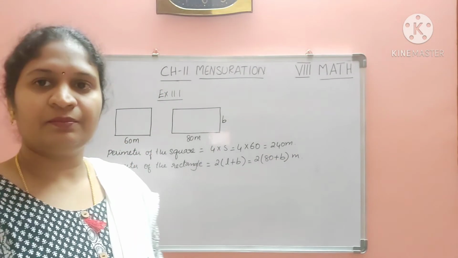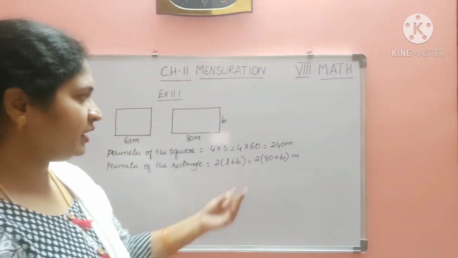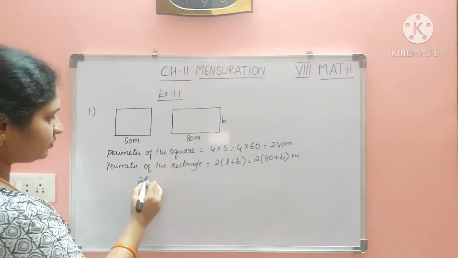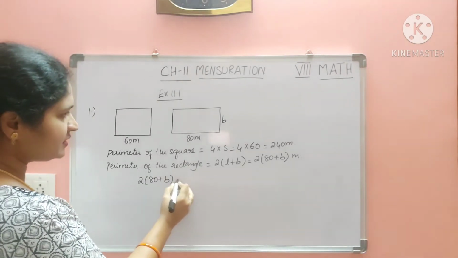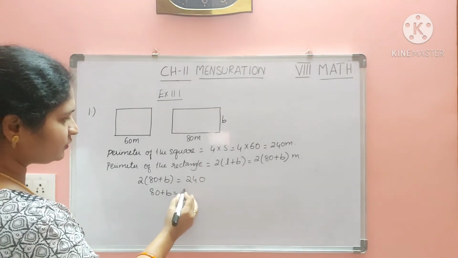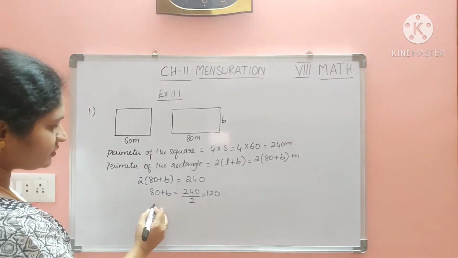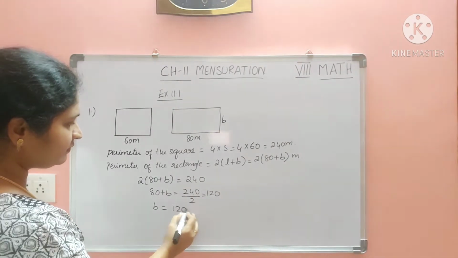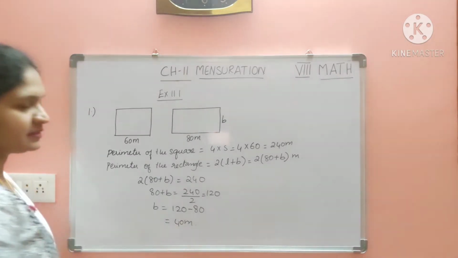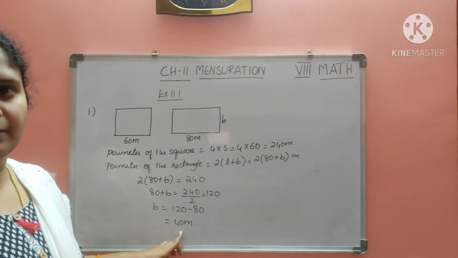Since the perimeter of the square is equal to the perimeter of the rectangle, we equate these two quantities. So 2 into (80 plus B) is equal to 240. So 80 plus B is equal to 240 by 2, which is 120. So breadth B is equal to 120 minus 80, which is 40 meters. So the breadth of the rectangle is 40 meters.